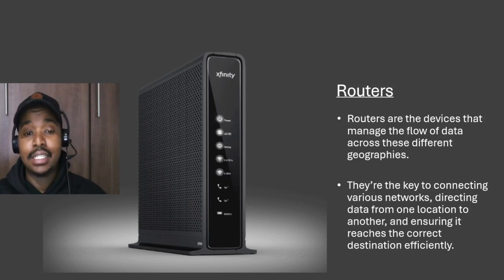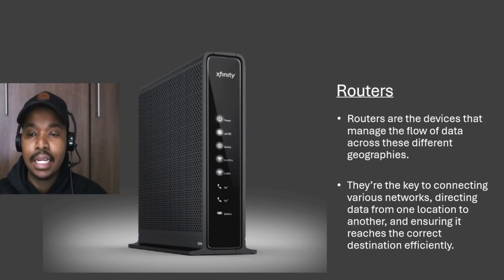Just as you use your GPS to find the best route to the destination, routers use the same concept. They have routing tables and algorithms to find the best path for the data to travel across a network, whether it's within a LAN, across a WAN, or through the internet.